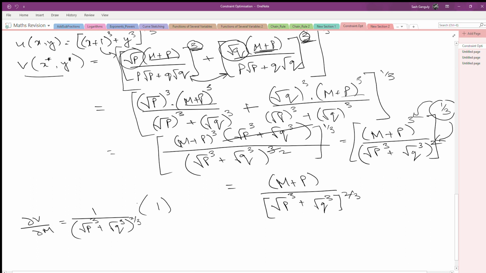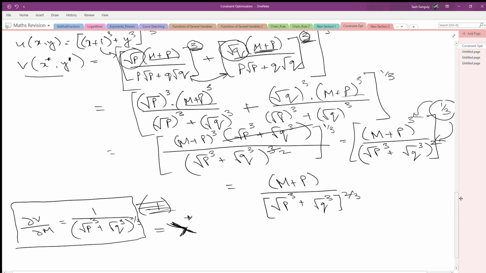And that's it. So this is my del v by del m. And this thing I told you about Lagrange multiplier is that we can always prove that del v by del m is equal to lambda star. This thing is equal to lambda star. Could have made a better lambda, right?